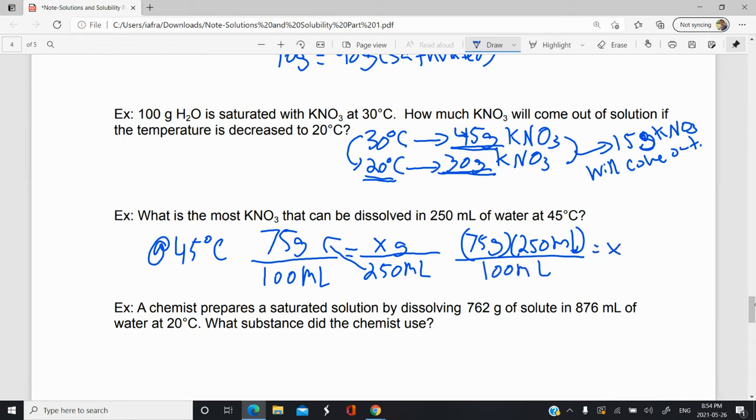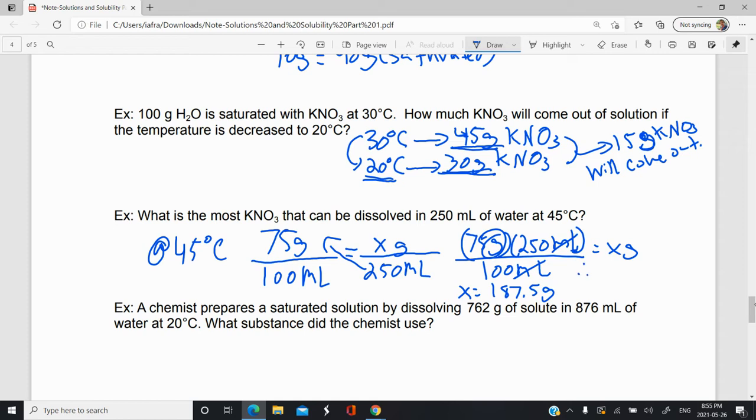The milliliters will cancel out, and grams will be left behind. And so my X is going to be equal to 75 times 250 divided by 100, and that's 187.5 grams.